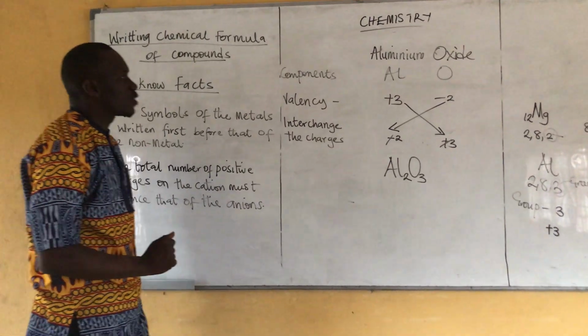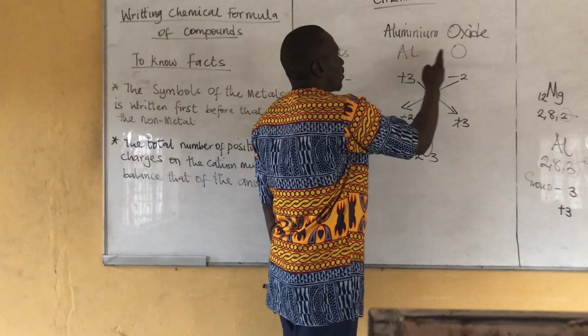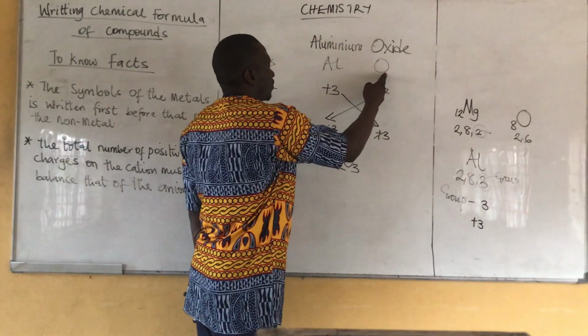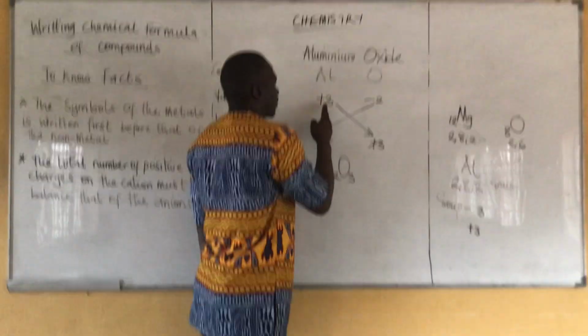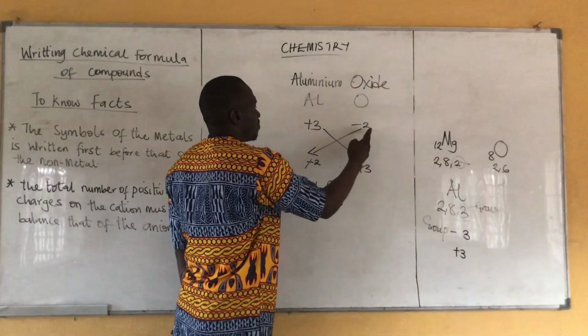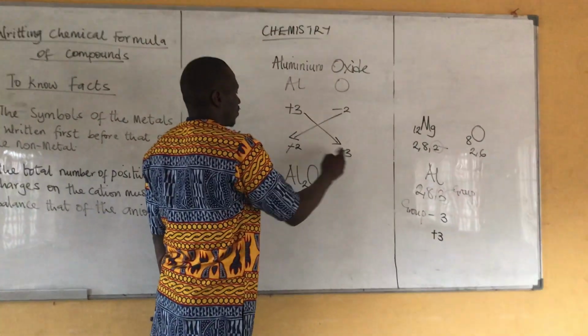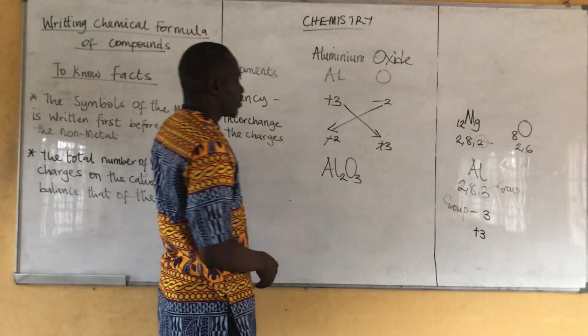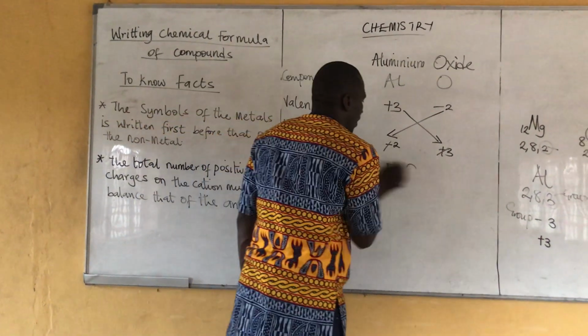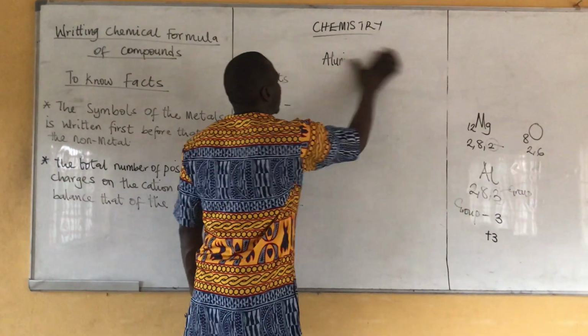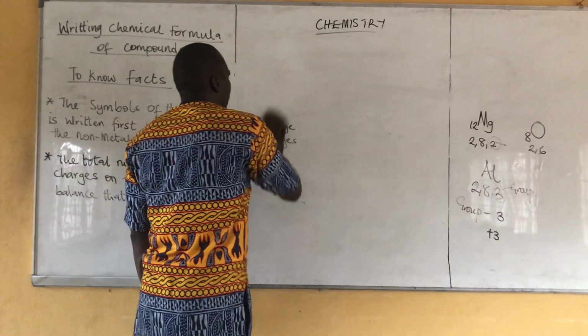Very simple. Let's go back again. What are the components? Aluminium, oxygen, charge or valency +3, -2, they exchange. Then they pick up. How do they ask questions in WAEC, in external exams?